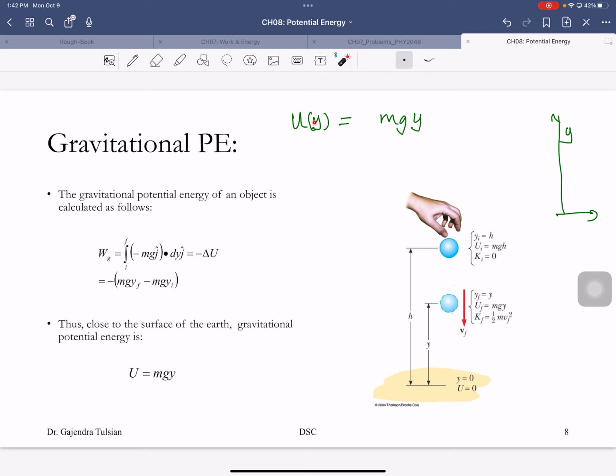So the gravitational potential energy of a mass m on Earth is that. And this works close to the surface of the Earth, meaning within 10, 15, 20 miles. If you jump higher than that, say 100 miles, then you'll need another expression.